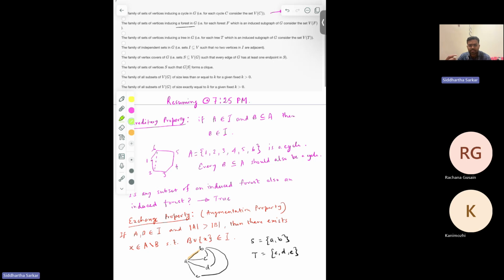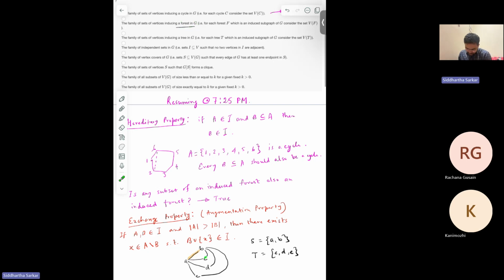But does there exist a vertex in T whose union with S forms a forest? So this is a larger independent set. In the terminology of matroids, S is an independent set, and this is also an independent set. But can I take an element from T and take the union of that element with S so that it also remains an independent set? In our case, independent set means an induced forest.